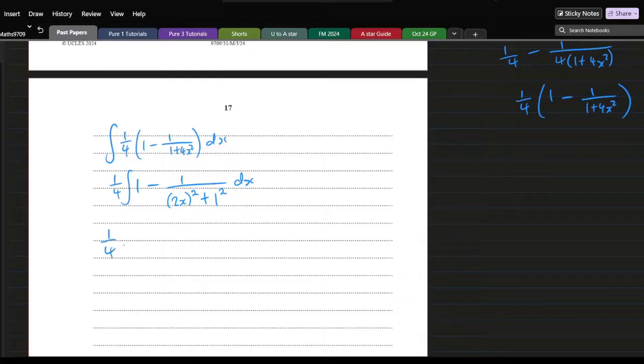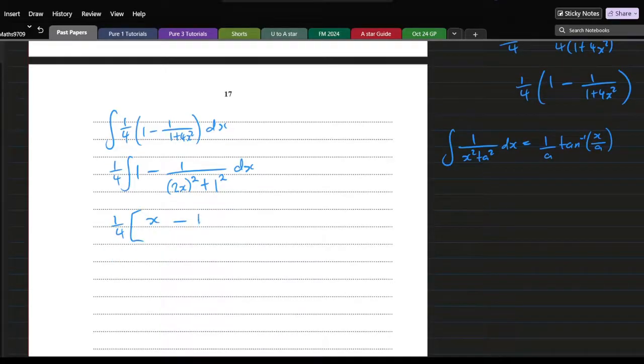And now we can integrate. If you integrate the 1, you get an x minus, now let's focus on our second term here. If you go to your MF19, we've got the integral of 1 over x squared plus a squared with respect to x, and that should give us 1 over a arctan of x over a.